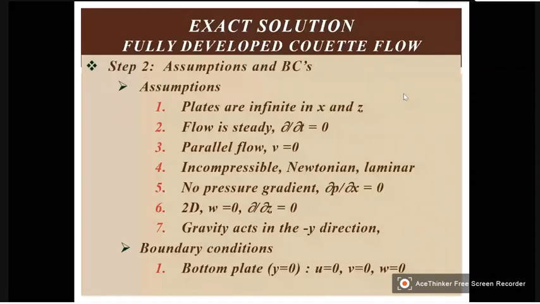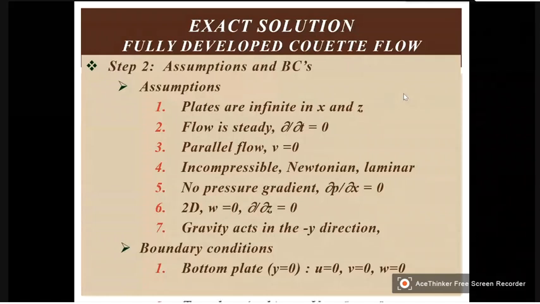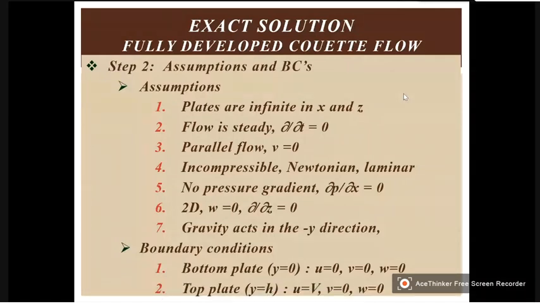And all along the bottom plate, not only u is 0, but v and w are also 0. Then top plate, which is located at y is equal to h, the velocity in x direction is V, and in y and z directions it is 0 because there is flow only in x direction between the plates in parallel flow. So the components small v and small w are 0. So these are the two boundary conditions.